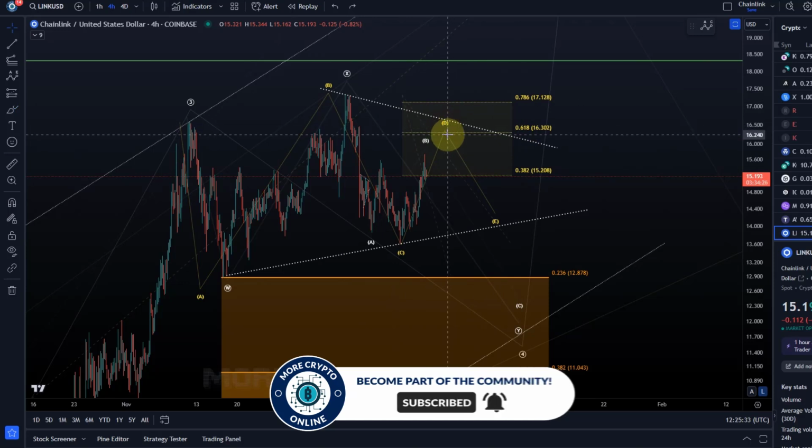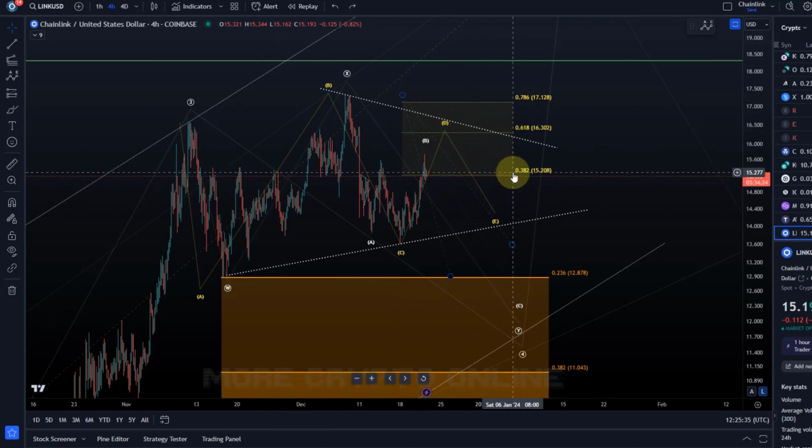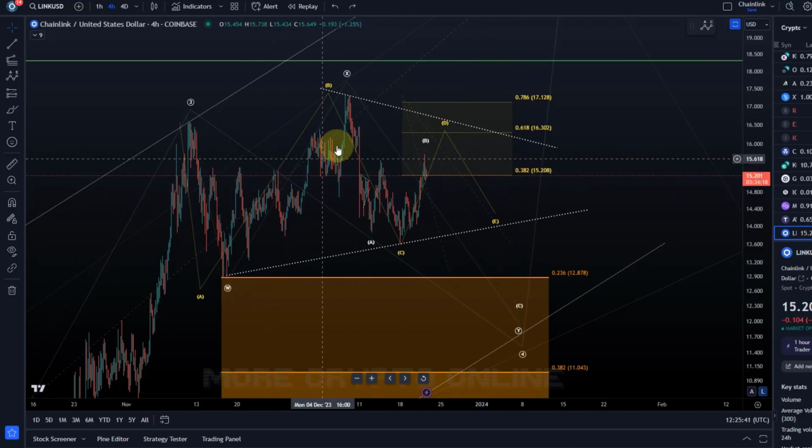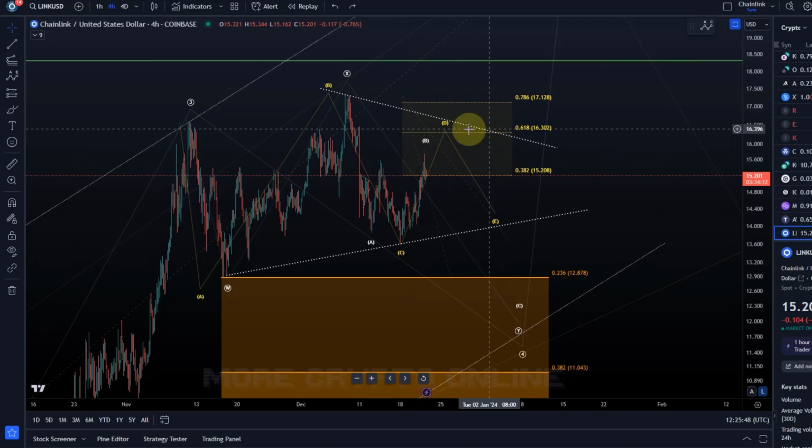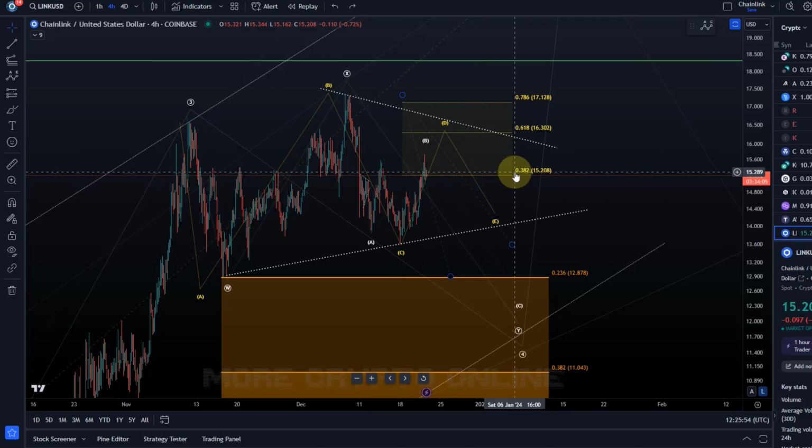In this scenario, for the D wave, I added an ideal target range that you can watch out for, and that starts at $15.21, even though that's a textbook target, the 38.2 extension of the B wave. So you take the B wave length and then you project it out from the low of the C wave, and that gives you these targets. But the 38.2 extension is very weak for a D wave of a triangle.